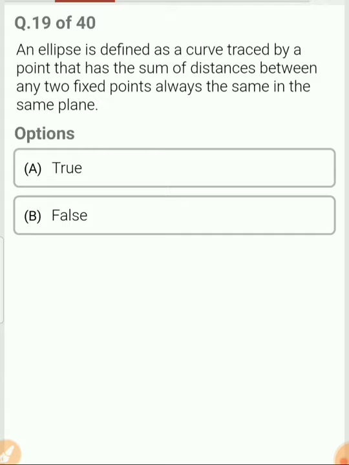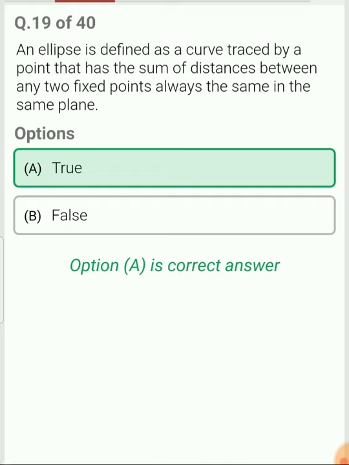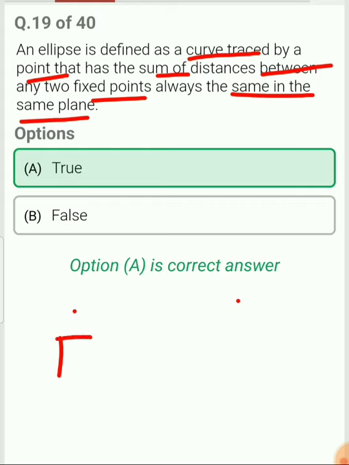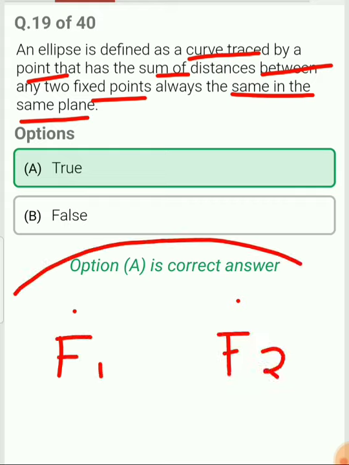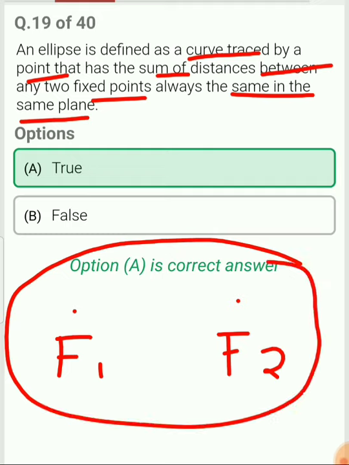An ellipse is defined as a curve traced by a point such that the sum of the distances from two fixed points always remains the same in the same plane. True. In an ellipse we have two foci, F1 and F2.